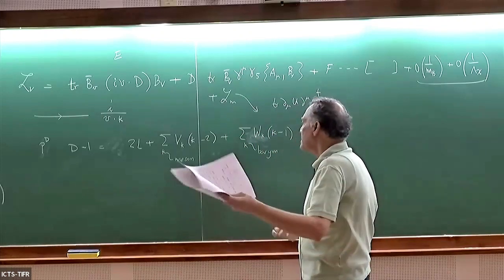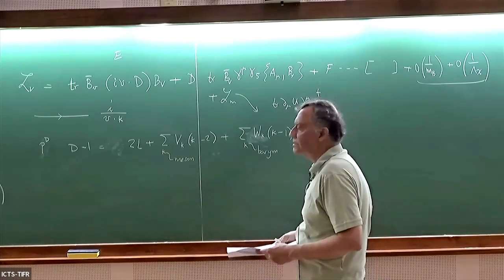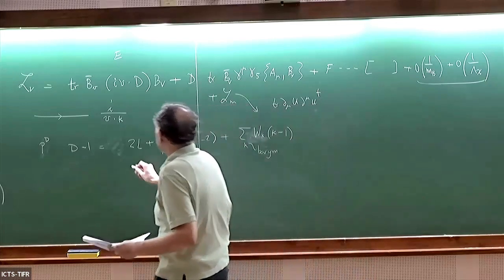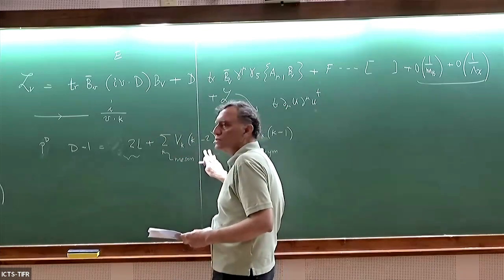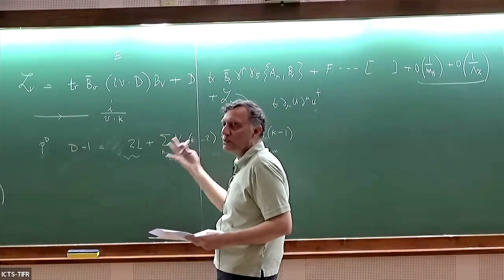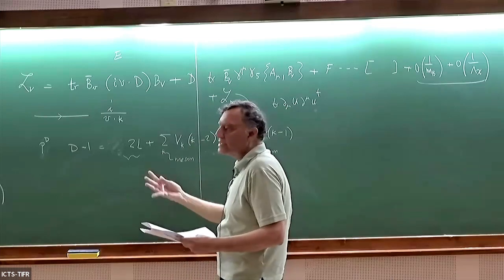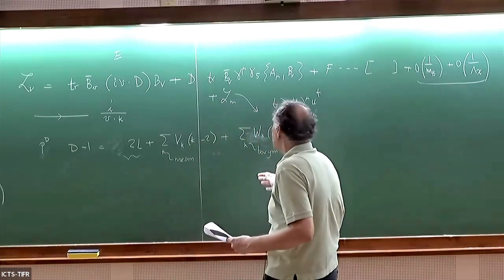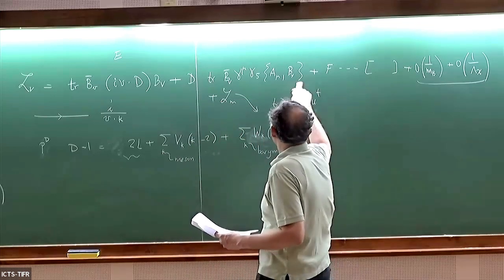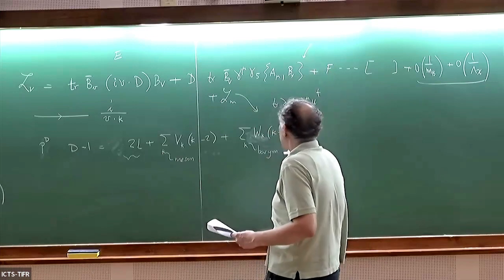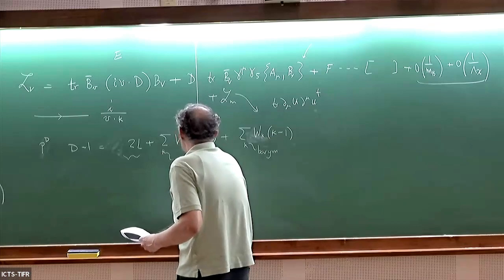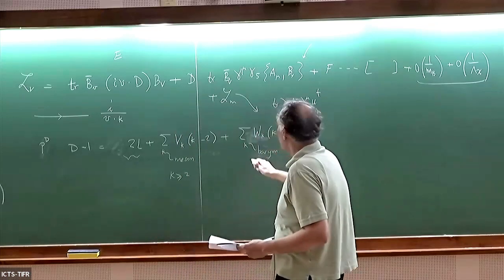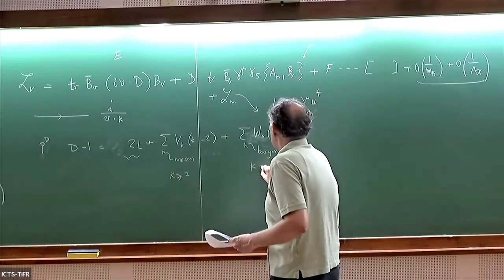And this looks very similar to Weinberg's power counting argument. You get this 2L for the number of loops. You get this k minus 2 type stuff from the mesons, exactly as in Weinberg's argument. But there's a difference now between meson and baryon terms. The baryon interactions, for example, come with a k minus 1. We know in the meson sector that k has to be bigger than or equal to 2, and in the baryon sector that k has to be bigger than or equal to 1.